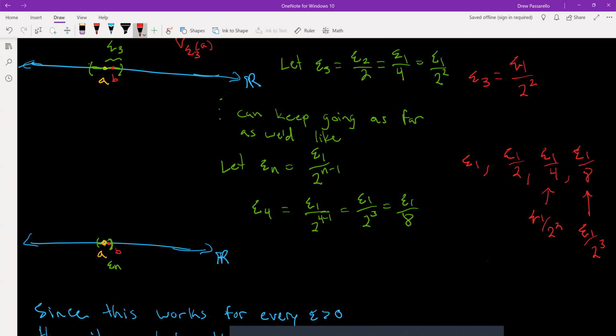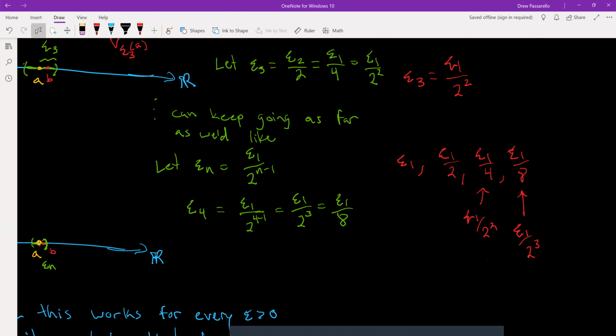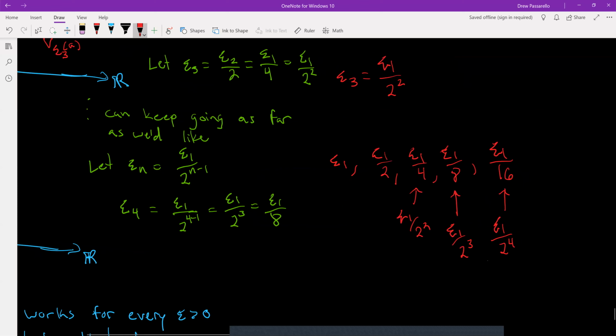And then you'd guess that the next one is going to be epsilon 1 divided by 16, and it keeps getting smaller and smaller. All right, and this just keeps going forever.